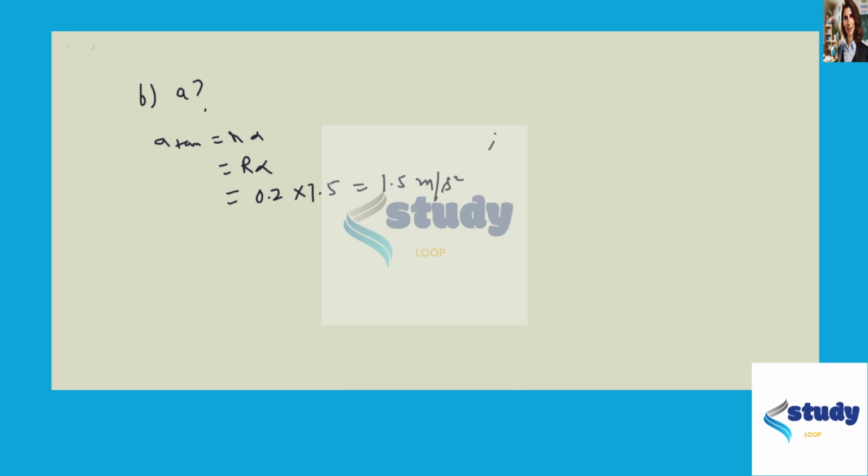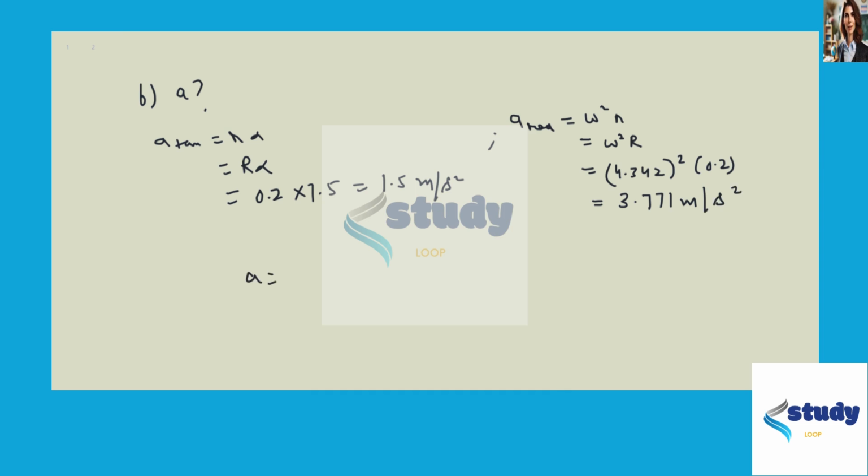Now finding the radial acceleration, which is omega square r, which is 4.342 square times 0.2. This comes out to be 3.771 meter per second square.